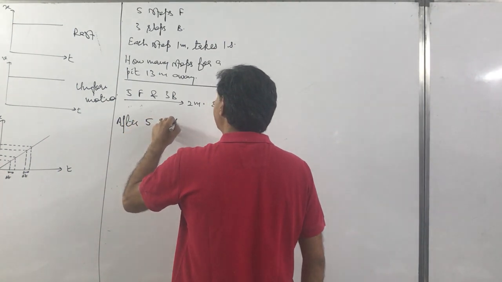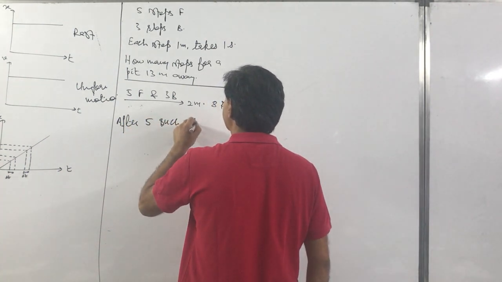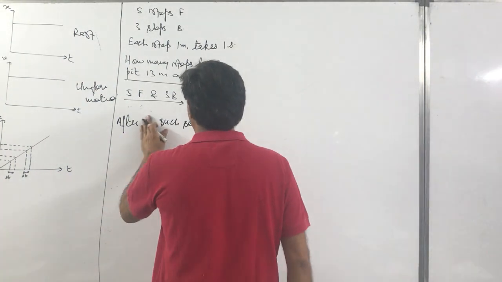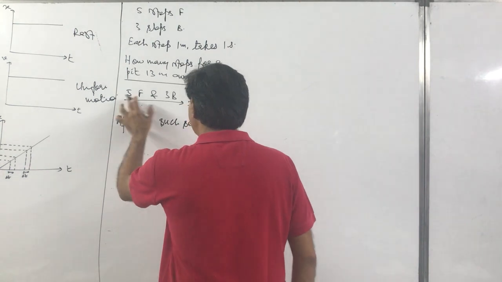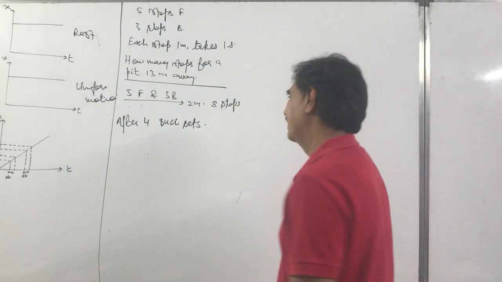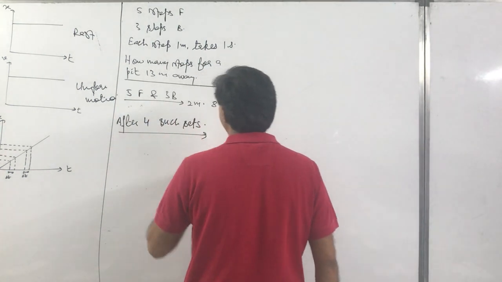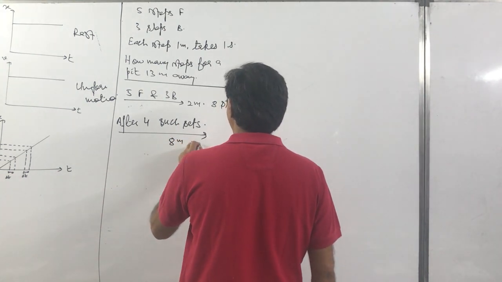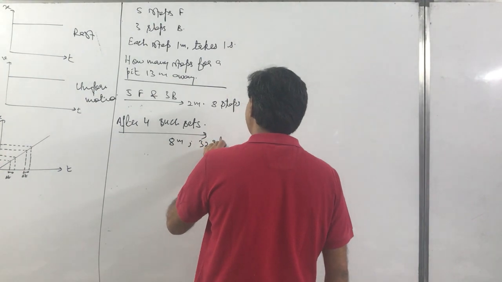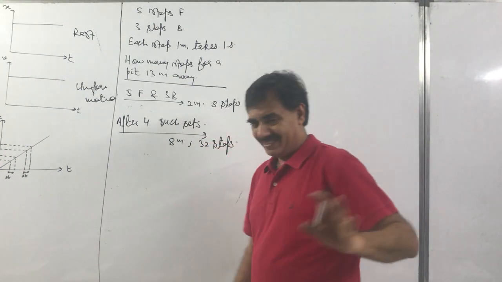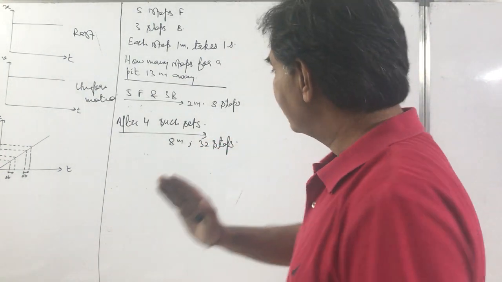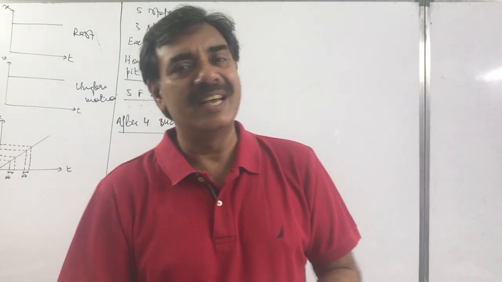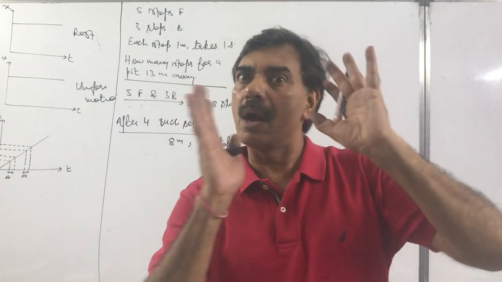After 4 such sets, we have covered 8 meters and taken 32 steps. Right? He does this 4 times. It's very interesting. I told you this topic is very interesting. करेंगे आराम से, हाँ? ठंडा दिमाग.